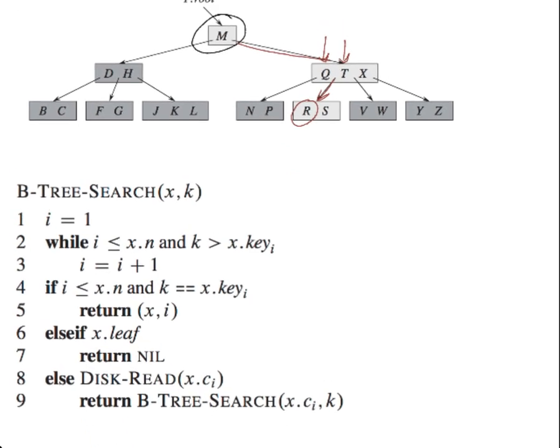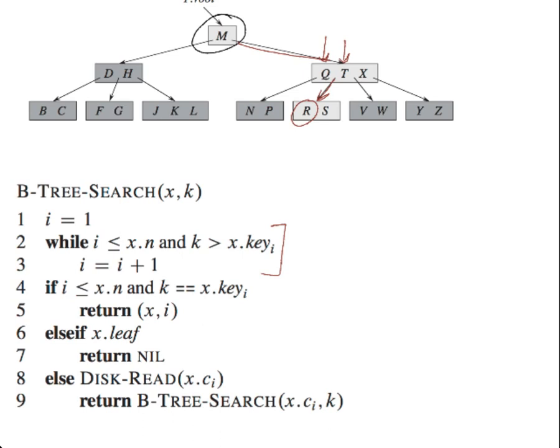So we are first going to look through the keys and find the index of the key that is greater than or equal to K, the key that we're searching for.